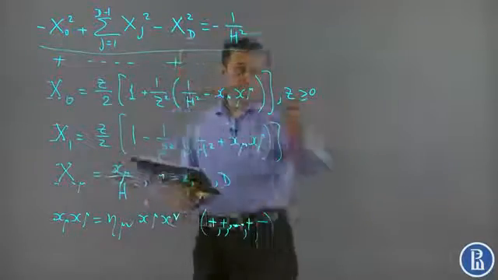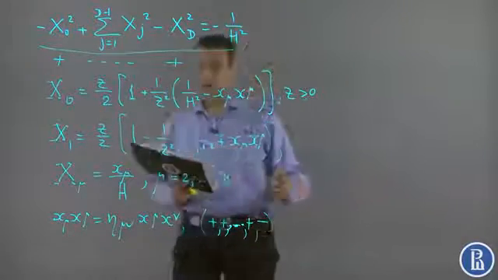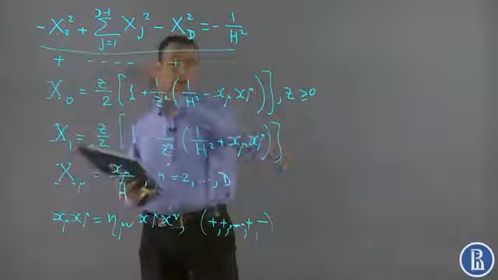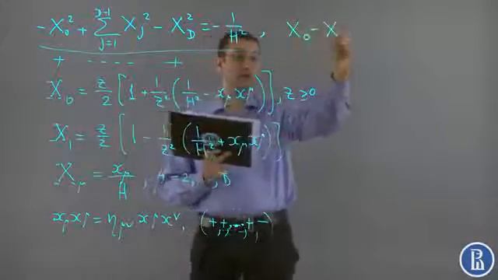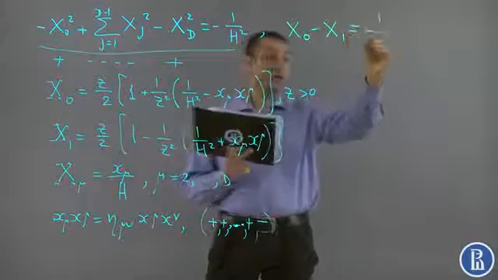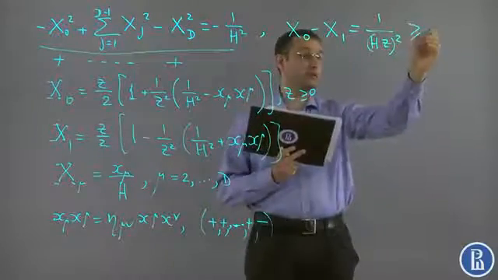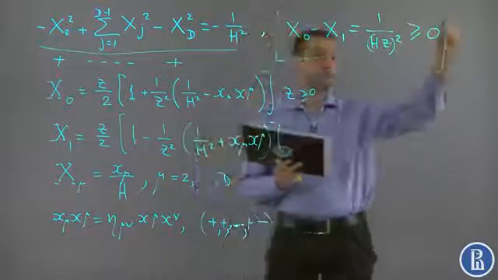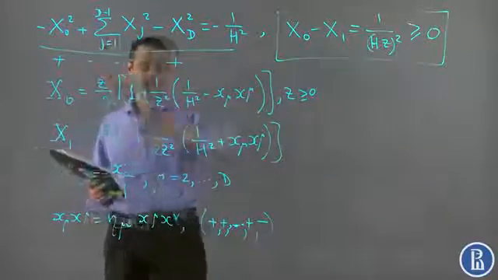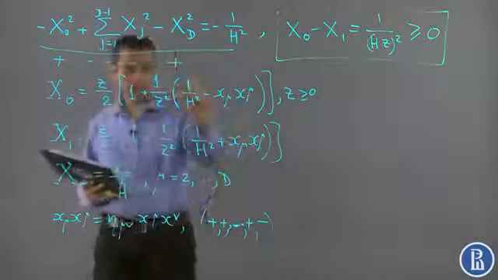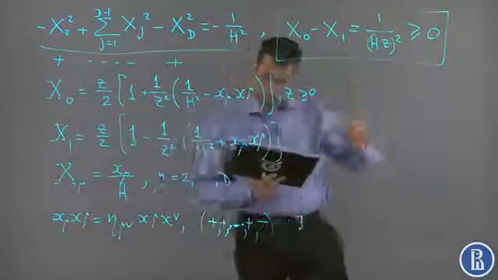So for z greater than 0, one can see from these expressions that x0 minus x1 is equal to 1 over hz squared, and it is actually greater than 0. So these coordinates, unlike the previous ones, which cover the entire anti-de Sitter space, cover only half of it, given by this condition.